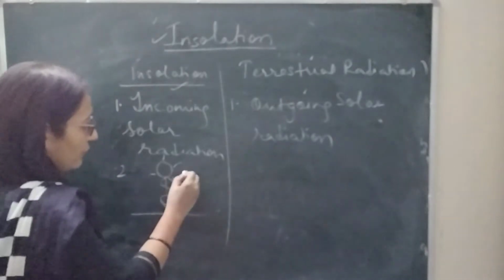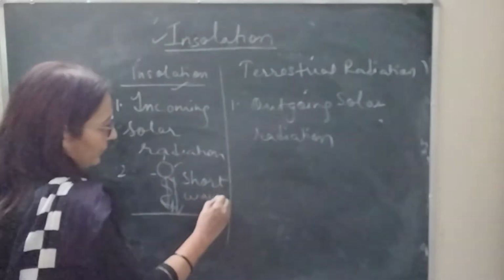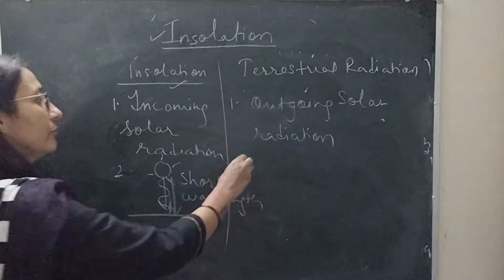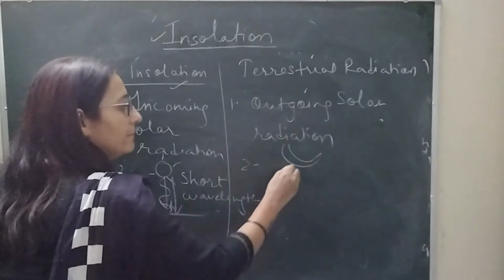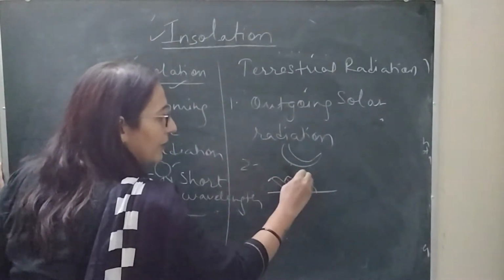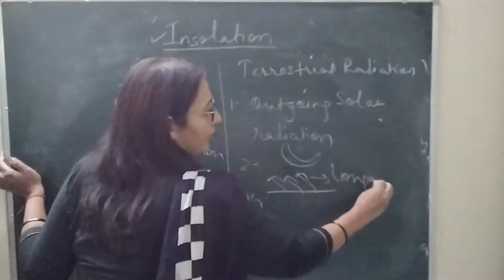the earth in the form of short wavelength. During night time, when the earth radiates heat back, that is in the form of long wavelength.